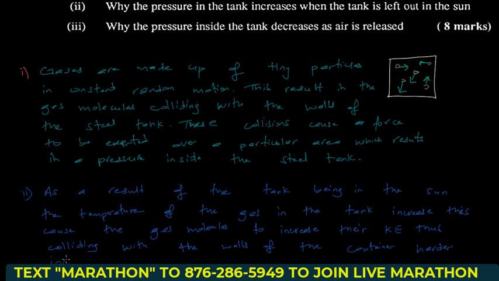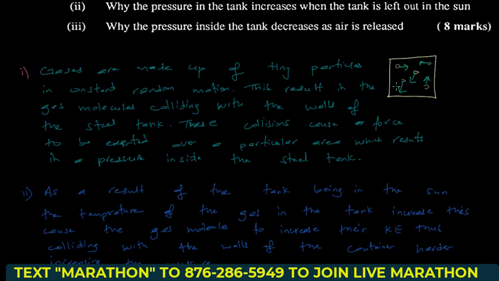So what we're seeing with this one is when the steel tank is in the sun, the sun is going to actually heat up the steel tank. Now, the gas that is trapped inside the steel tank will also heat up.